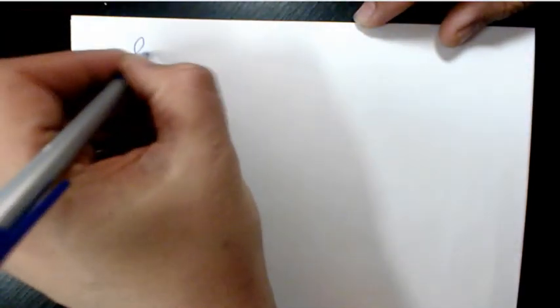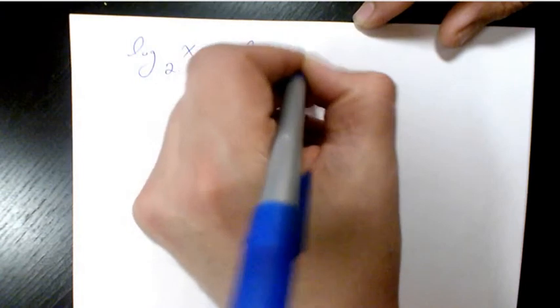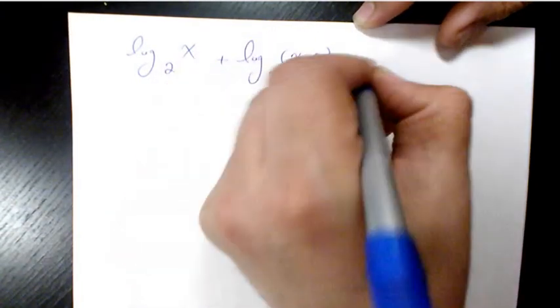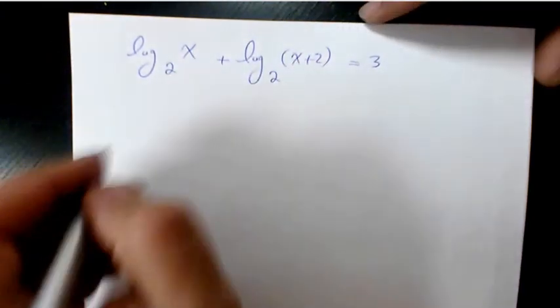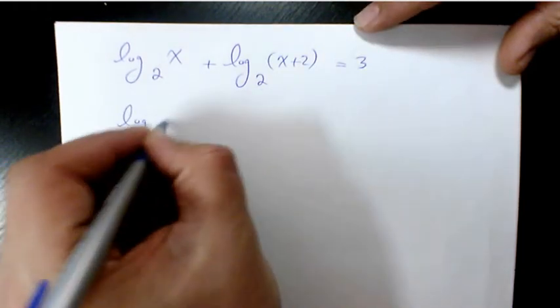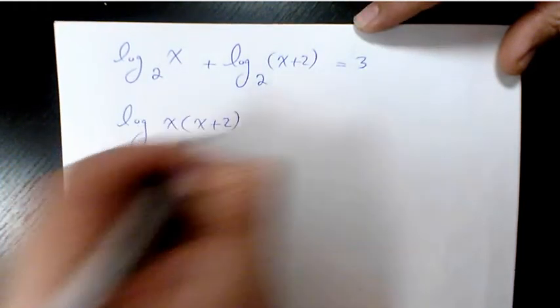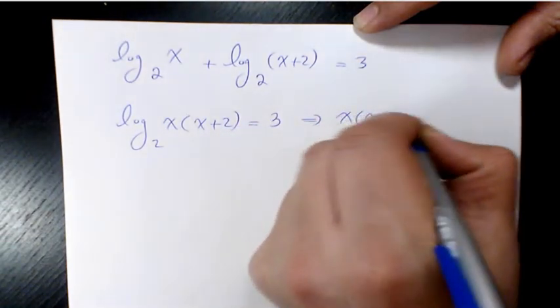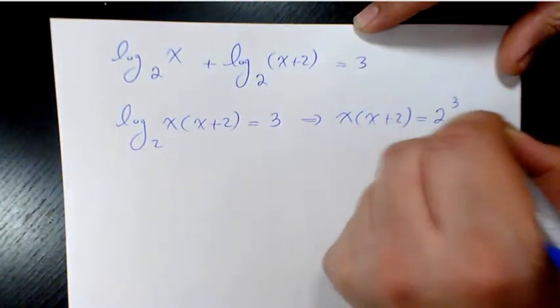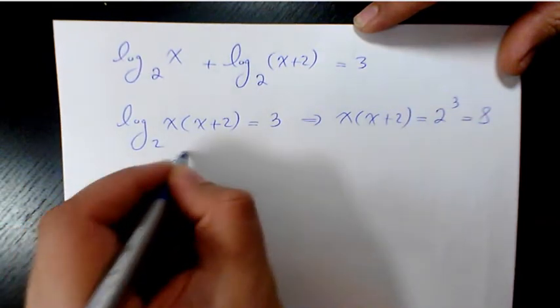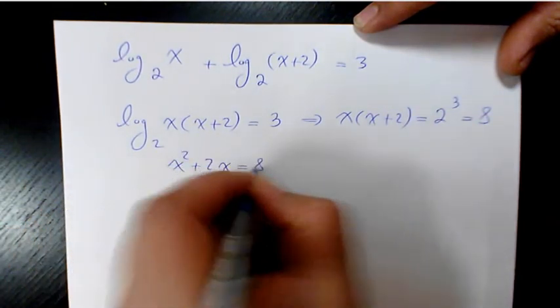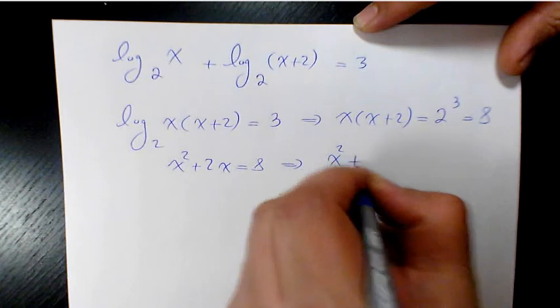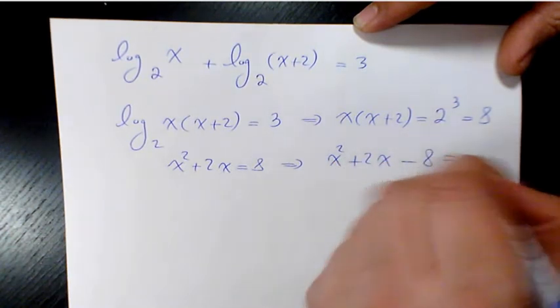Next example. Log base 2 of x plus log base 2 of (x plus 2) equals 3. You can say log base 2 of x times (x plus 2) equals 3. It means that x times (x plus 2) equals 2 cubed, and that's going to be equal to 8. So x squared plus 2x equals 8, which means that x squared plus 2x minus 8 equals 0.